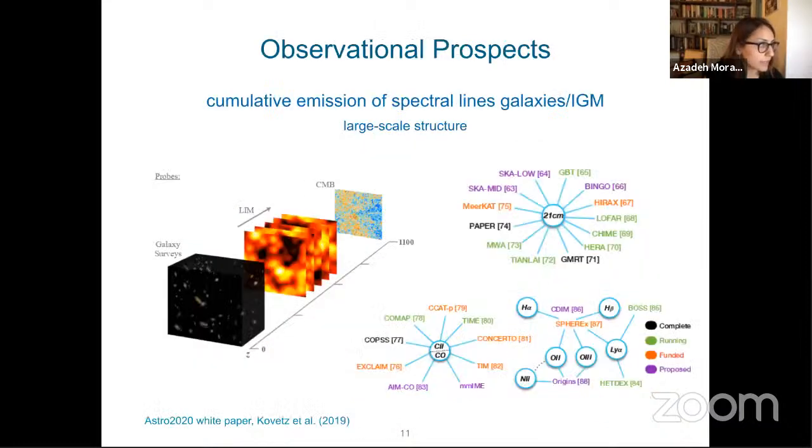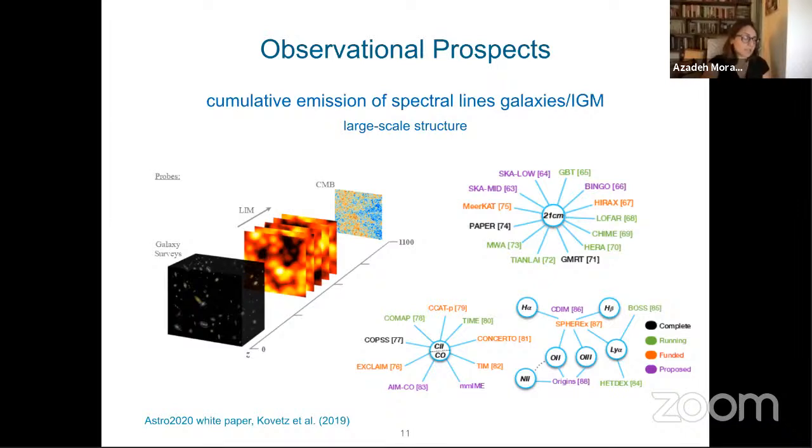So why is this interesting? It seems maybe too futuristic, but there is a growing interest in these lines apart from 21 centimeter. Here the diagram shows a range of completed, running, funded, and proposed surveys that are going to probe intensity with different lines.